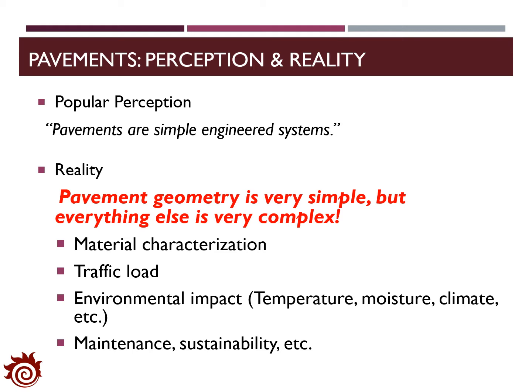And finally, the pavement is designed to fail after certain periods, so it has to be maintained periodically. The maintenance and sustainability of pavement is also an important consideration in pavement design. These are the four most important factors we have to consider in pavement design, and we will go through all of them in this class.